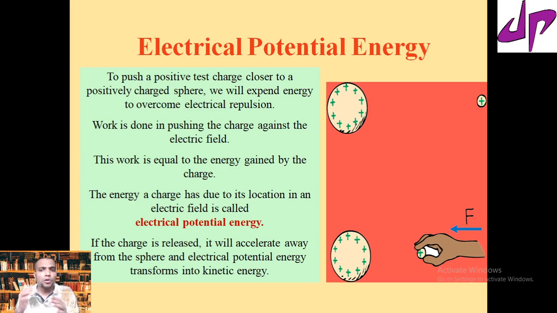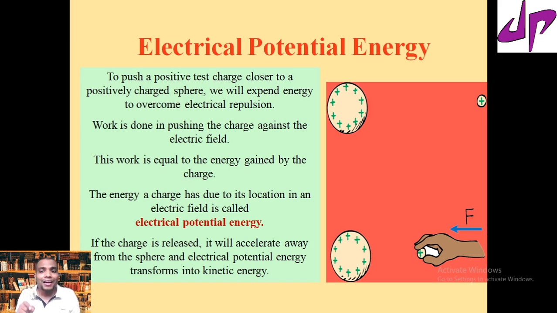To talk about potential energy, our first condition should be a conservative force. Here the electrostatic force is a conservative force, so that condition is satisfied. And next, in potential energy, whatever work we do is stored in the form of potential energy in that charge at that particular location.